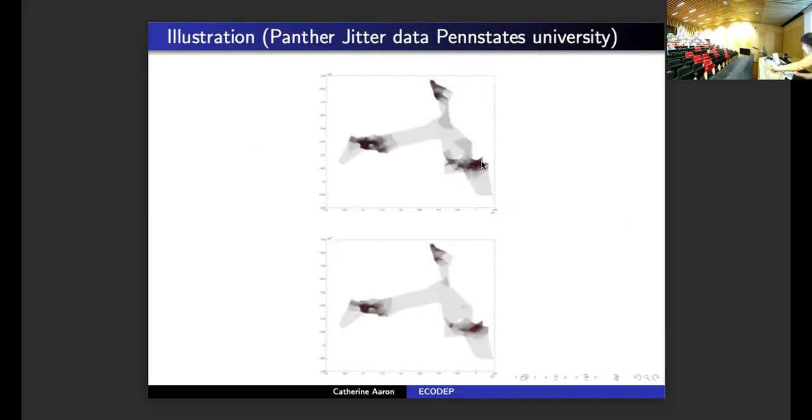Here you can see the map of the points with the original algorithm. And here you can see the map of the points drawn with the improvement on the algorithm we propose. What you can see is that you clearly have the inclusions. Here it's a bit more regular.